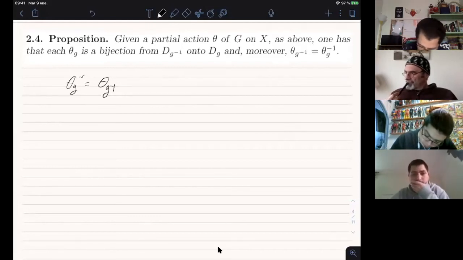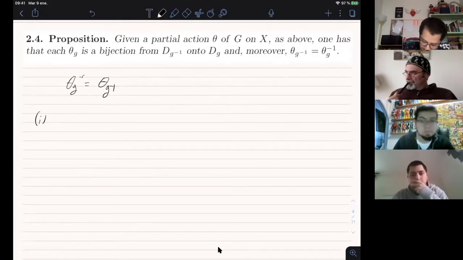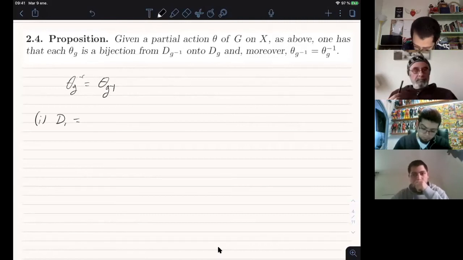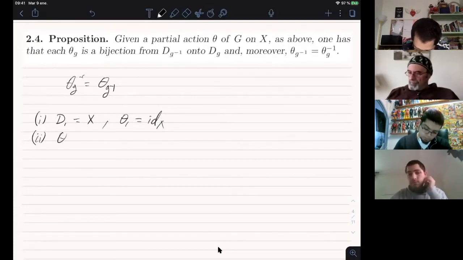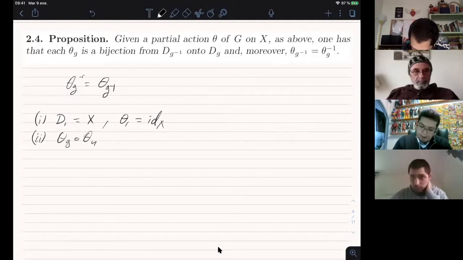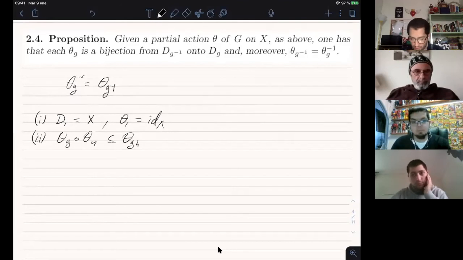Let's remember that condition 1 was that the domain of the neutral element is going to be the whole space, and that theta 1 is going to be the identity, and condition 2 was all about composition. Then what do we have here?